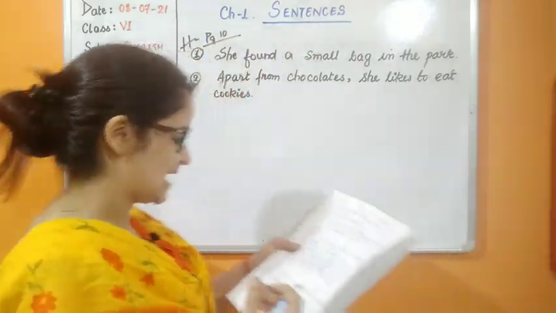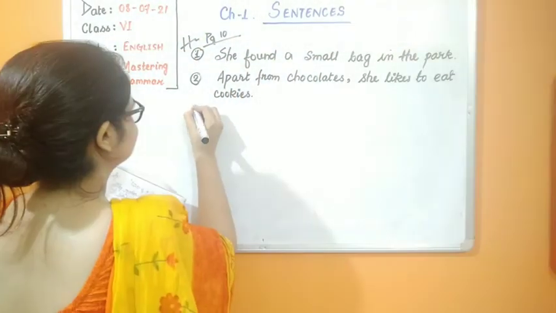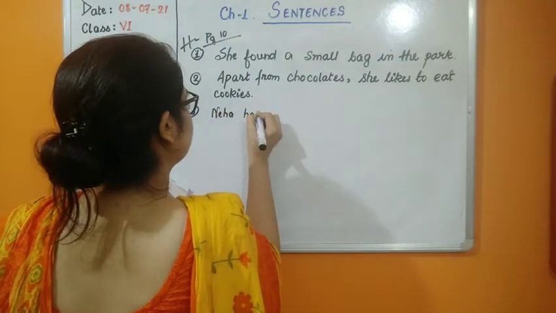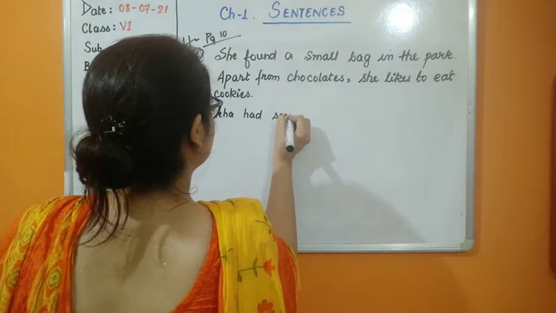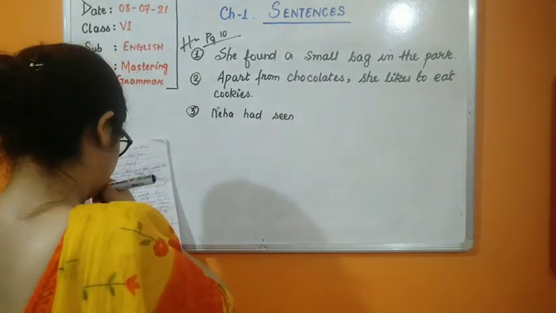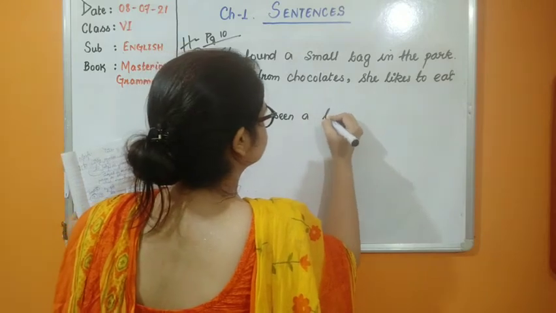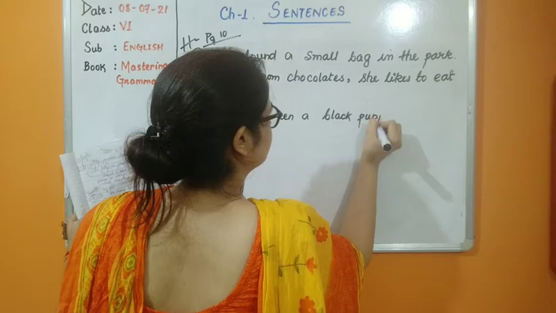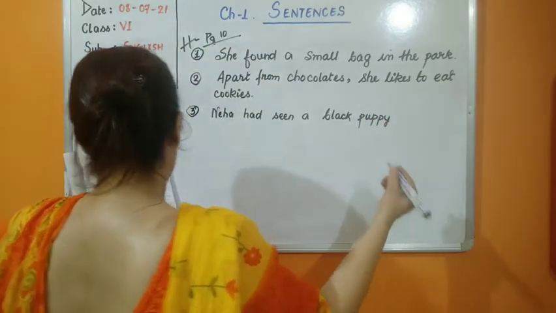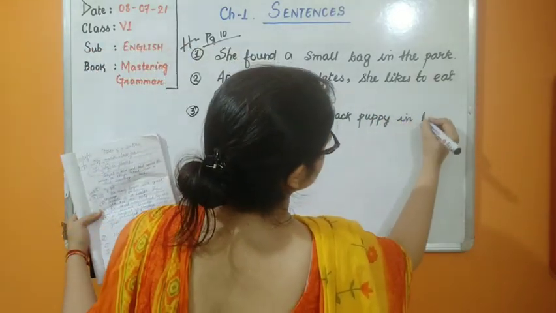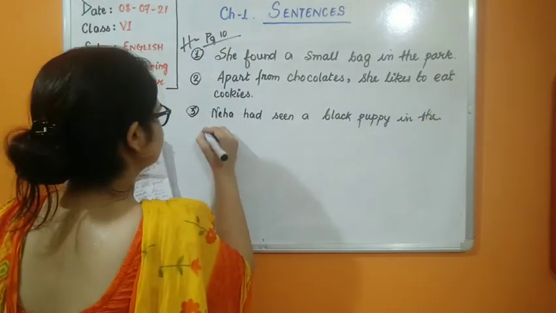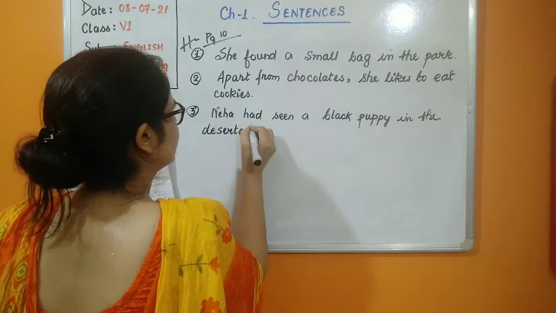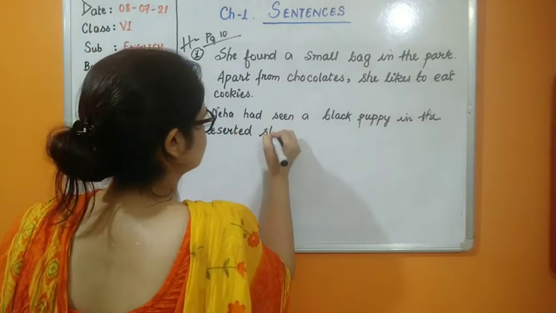So I will write it as Neha had seen a black puppy in the deserted street. Deserted, children, means lonely. Deserted street.